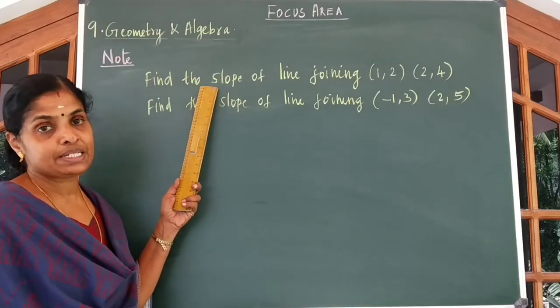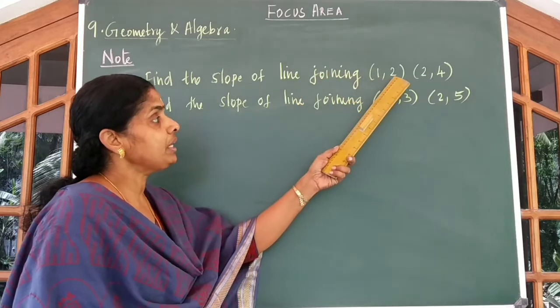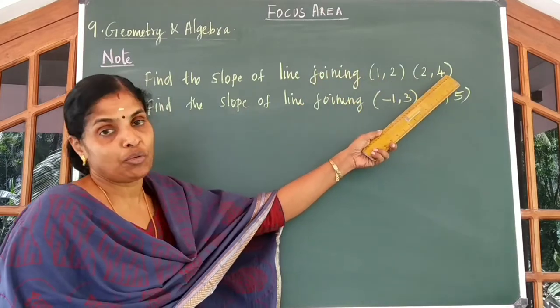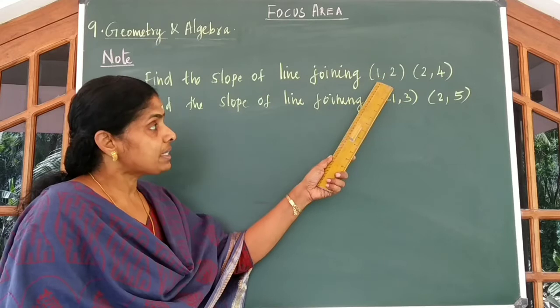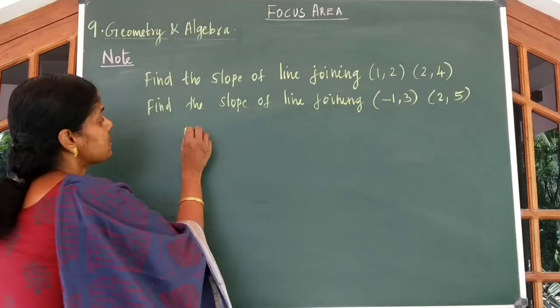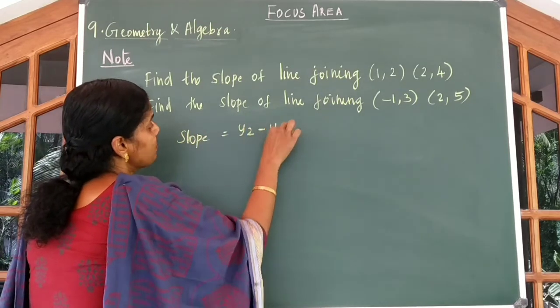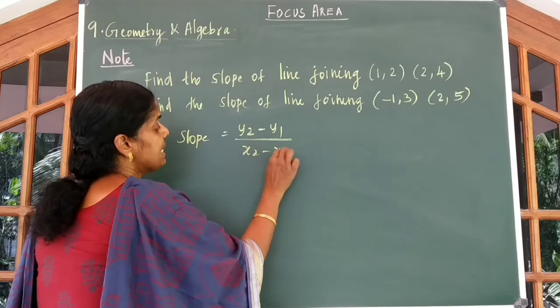Look at your question based on slope. Find the slope of the line joining (1, 2) and (2, 4). We know if (x1, y1) and (x2, y2) are 2 points, then slope is got by using the formula (y2 minus y1) by (x2 minus x1).